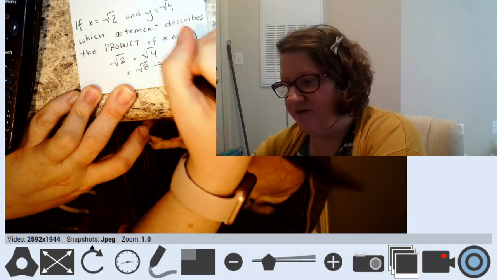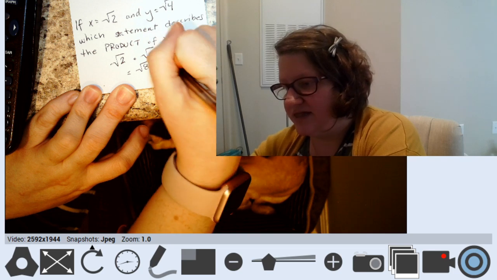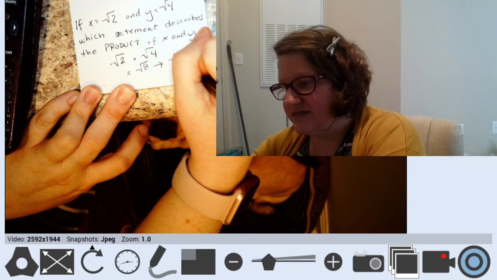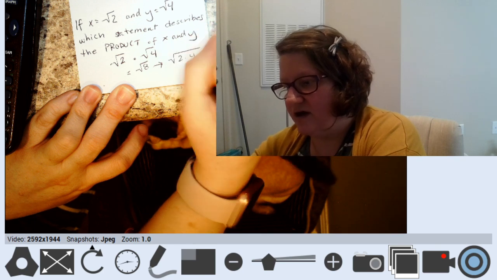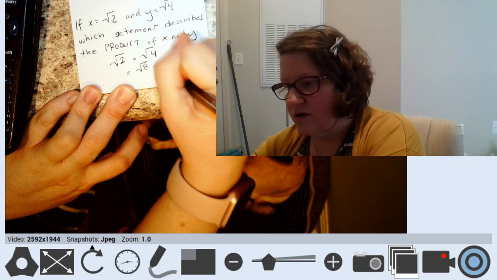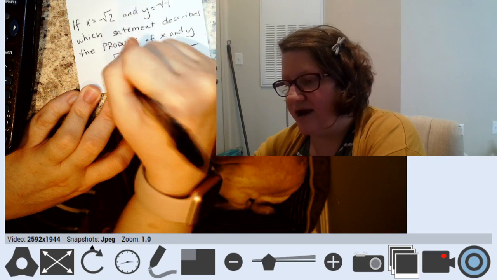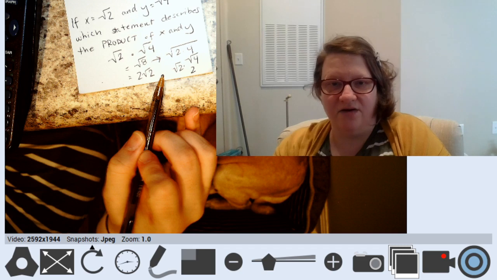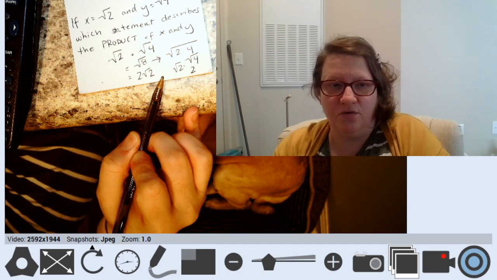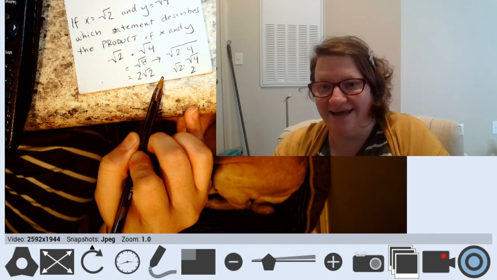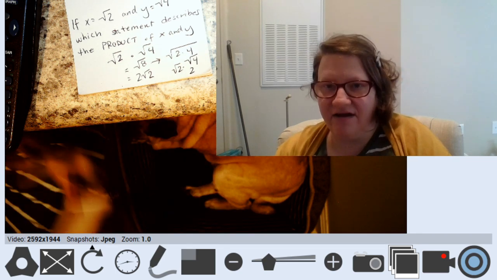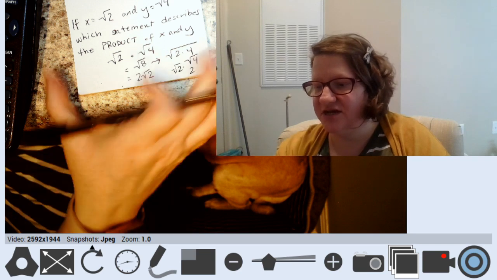We would write this as the square root of 2 times 4, and the square root of 4 is the whole number 2, so we would rewrite it as 2 square root of 2. And again, we talked about how the EOC will often require you to multiply by hand, but of course you don't have to do an EOC, so our calculator skills and our knowledge will be sufficient here.